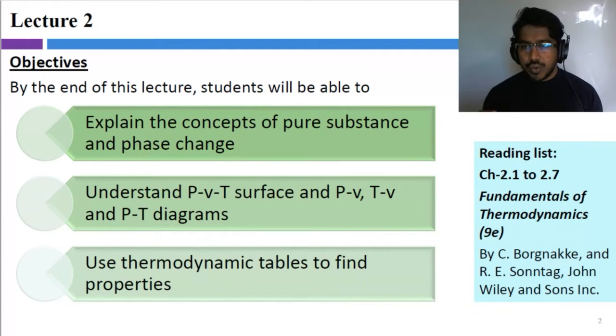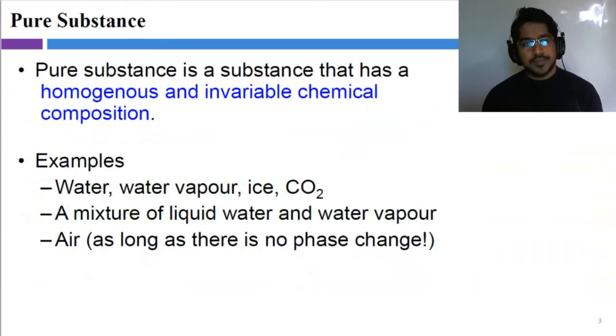In that case, we have to go into property tables and check what is the properties at this given state. So it's very important you learn this one carefully. So if you want additional reading, you can read from chapter 2.1 to 2.7 in your recommended text, as mentioned earlier.